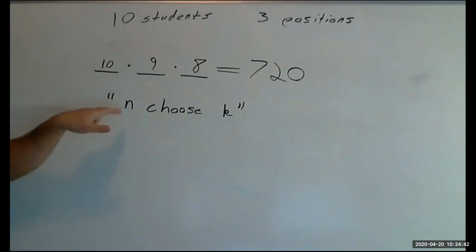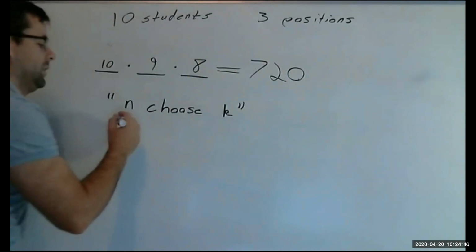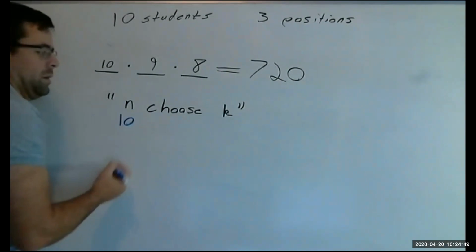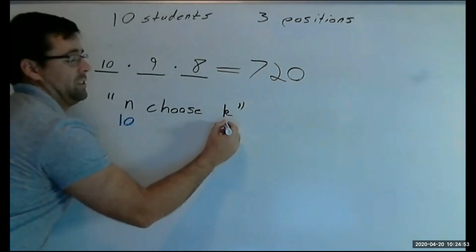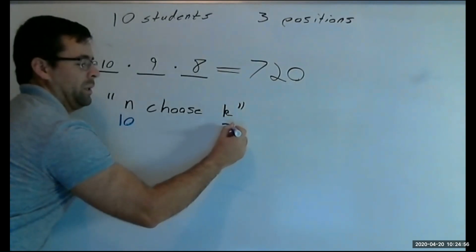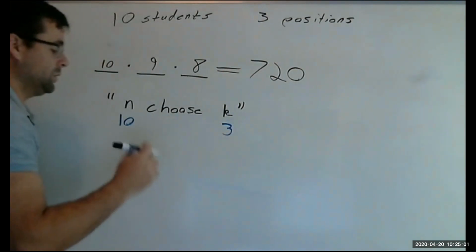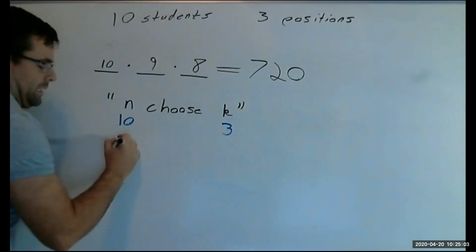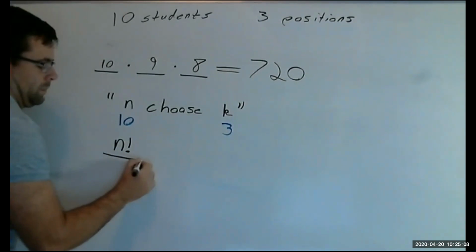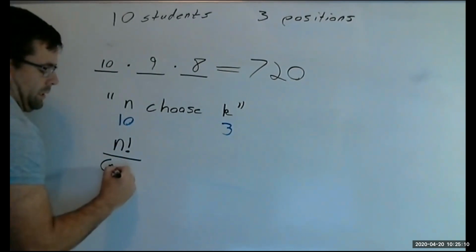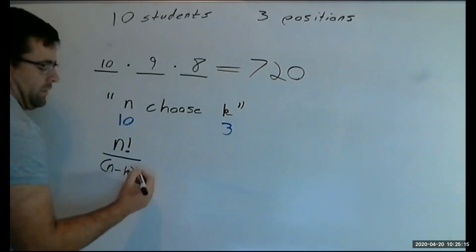If you have n things, in this case 10, and you need to choose k of them, in this case 3, then n choose k is always n factorial over n minus k factorial.